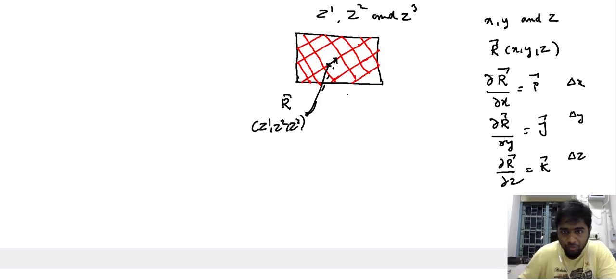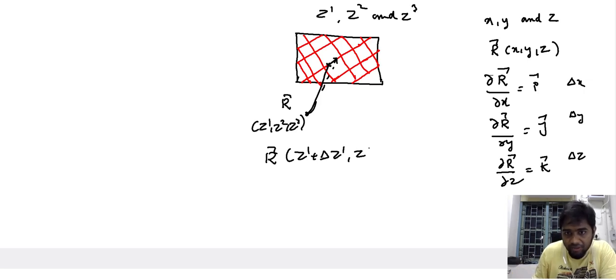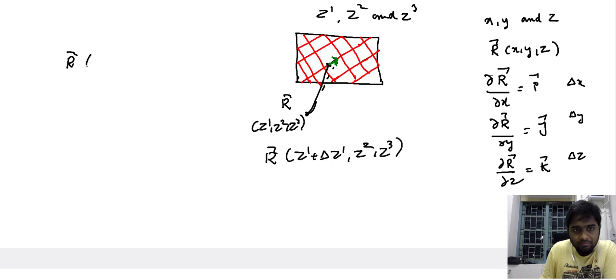Now we consider a neighboring point along this direction. The neighboring point has coordinates z1 plus delta z1, while the other coordinates, z2 and z3, remain the same. When we want to consider the vector along this direction, we need to take the difference between the neighboring point, z1 plus delta z1, and the original point.